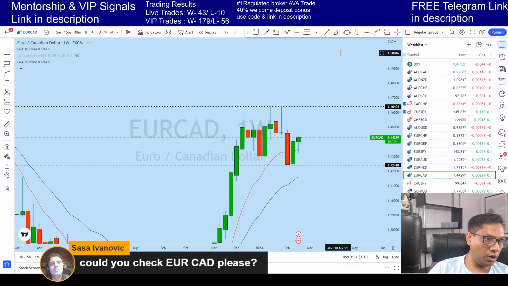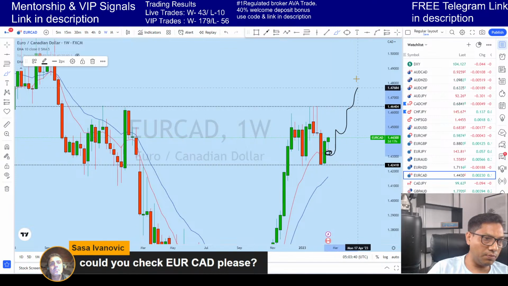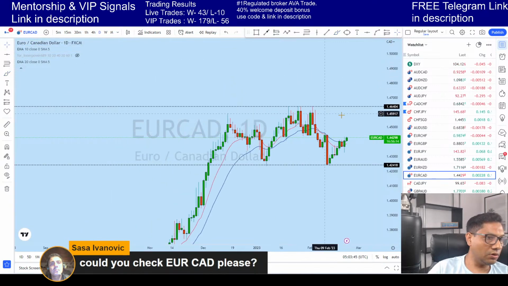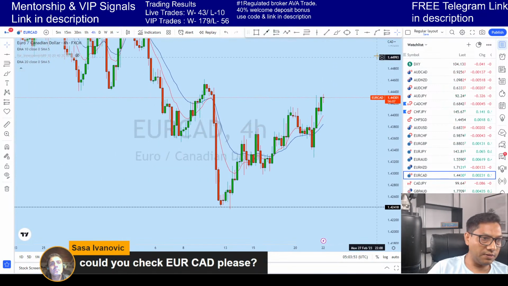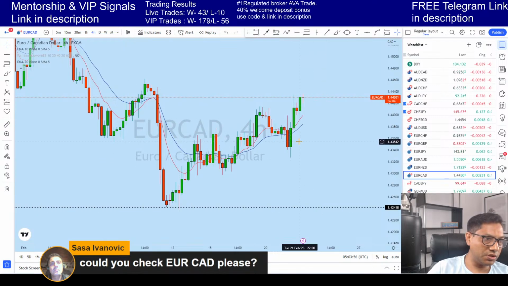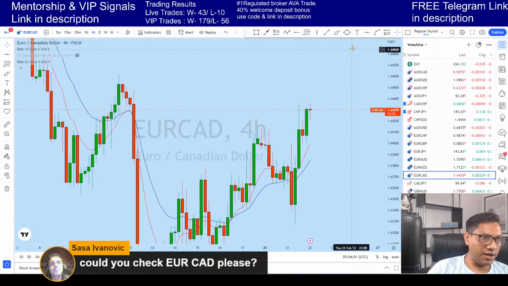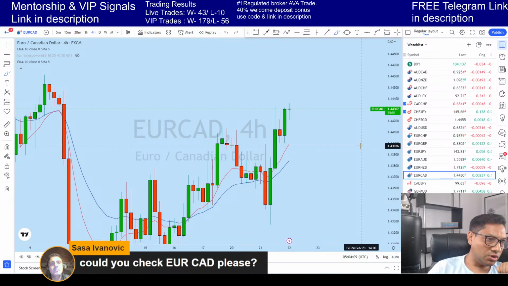On the weekly, you can see from this support there was a weekly candle this week so far that came to this level, and now the bulls are pushing the price higher. On the daily, there was a strongly bullish candle yesterday. We see an impulse followed by a bullish candle and a narrow doji. The current session candle looks like it might create a doji, which again is bullish price action. So EuroCAD is bullish.